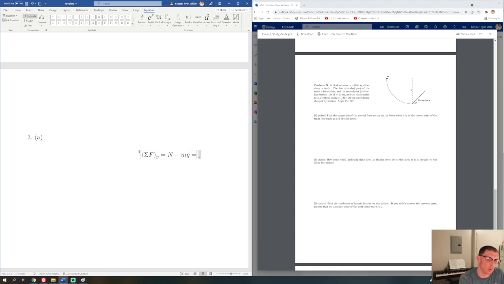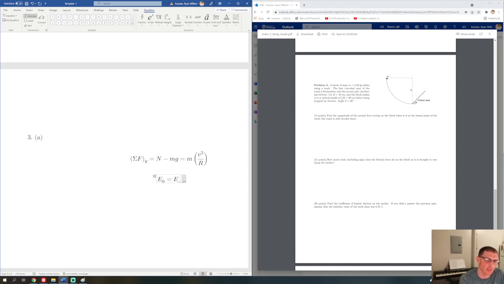But we would have to remember to set this equal to m times v squared over r, because as we just said, it's still in circular motion. So we can't quite take this to completion yet because we need v, but we get that from conservation of energy.